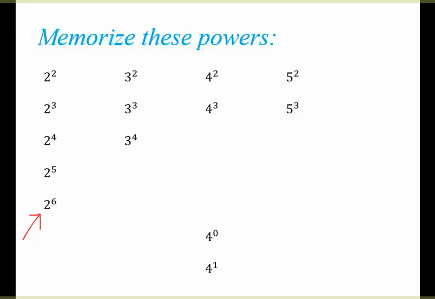And if you don't know it lightning quick, it will serve you well to memorize some of these. So 2 to the 6th power is 2 times 2, which is 4, times 2, which is 8, times 2, which is 16, times 2, which is 32, times 2, which is 64. I had 6 2's in my multiplication there. You just need to know that 2 to the 6th is 64.